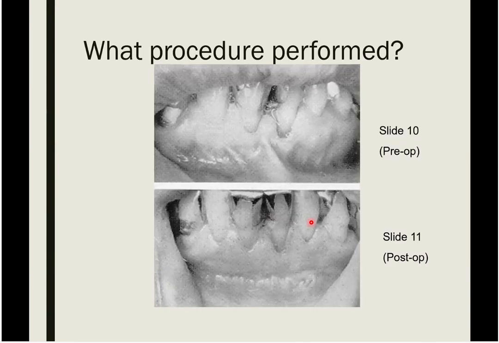Okay? And then what procedure is likely to have been done here? If you can see it, this is the mucogingival junction here, and you can see a frenum pull, and there's this recession here. And then this is what it looks like after. So what do you think happened here?